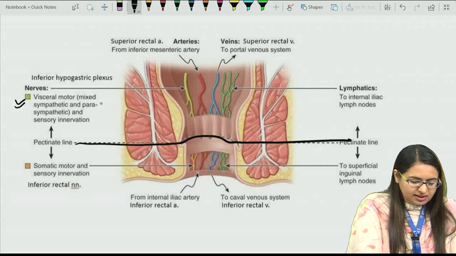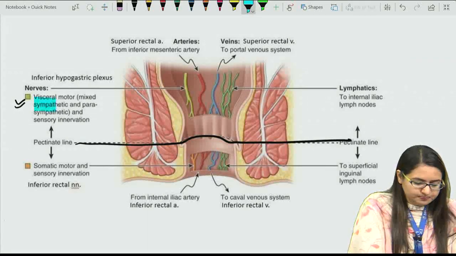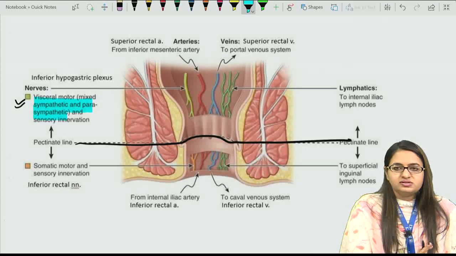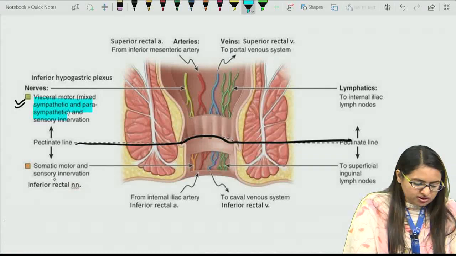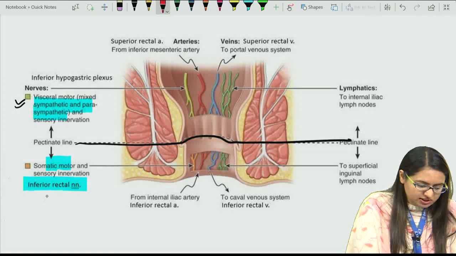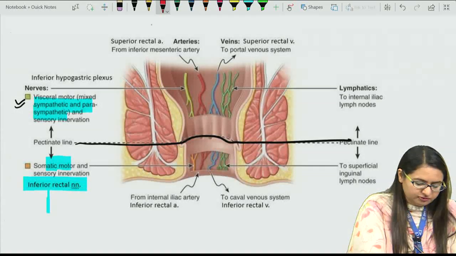It has sympathetic as well as parasympathetic supply. The parasympathetic is coming from S2, S3 and S4, and the sympathetic from L1, L2. Below this region, it is supplied by the somatic motor nerve, the inferior rectal nerve. The inferior rectal nerve in turn is a branch of the pudendal nerve.